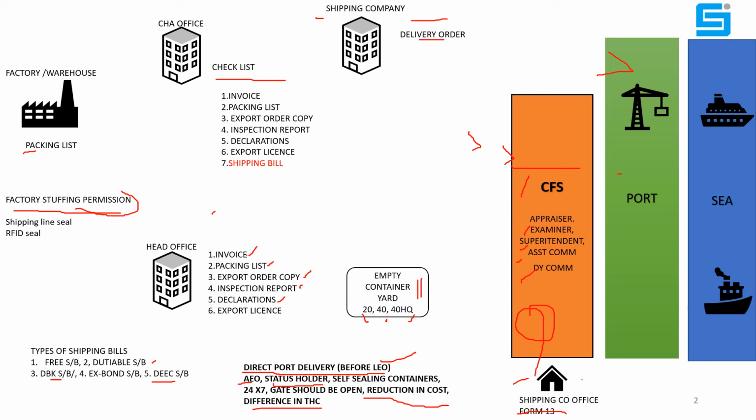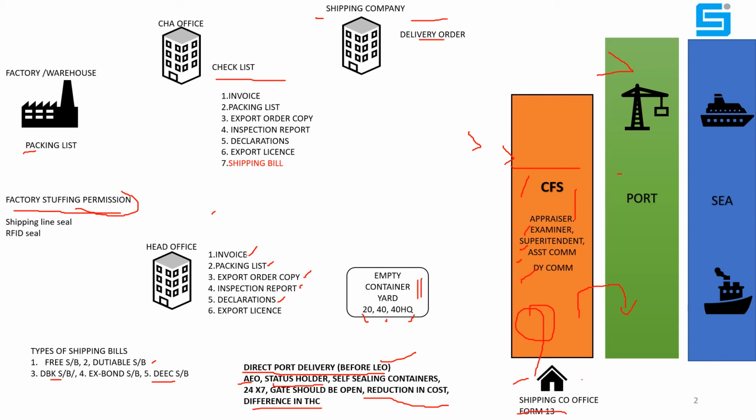Then the shipping company will understand that the exporter has completed all the export formalities, and they will plan the cargo on the upcoming vessel. The shipping company's responsibility starts from here. Once you hand over Form 13, they will coordinate with CFS and request CFS to move the container to the port.